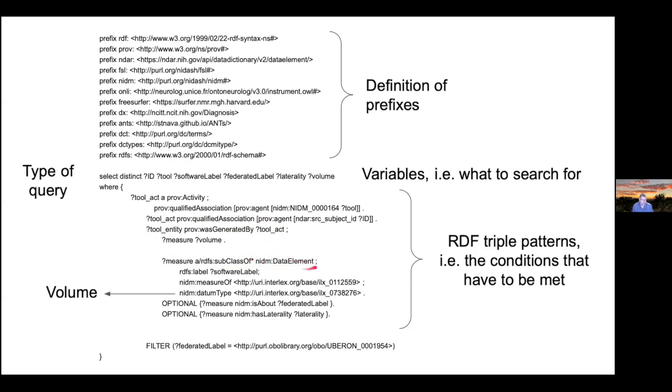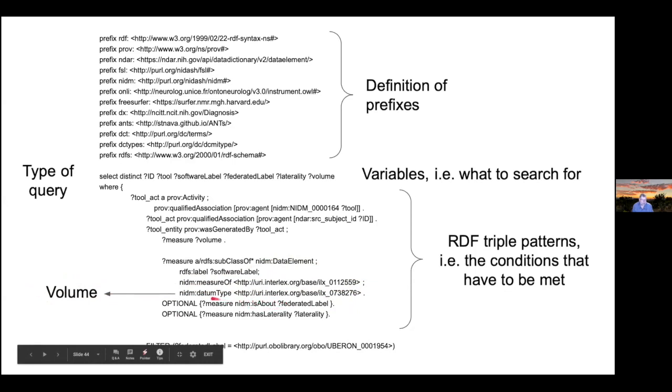IDM data elements. And what we're trying to find is measurements that are a certain measure of a specific type of data. So what we're looking at here, for example, this URL right here, if you were actually to put that in your browser, you would see that that is volume, which is what we're trying to search on. And there are some other relationships that we're pulling out.